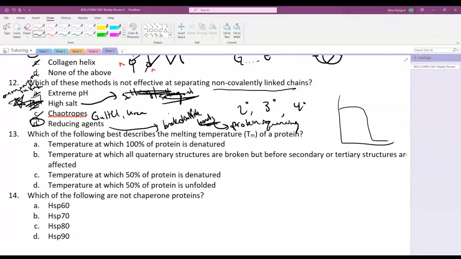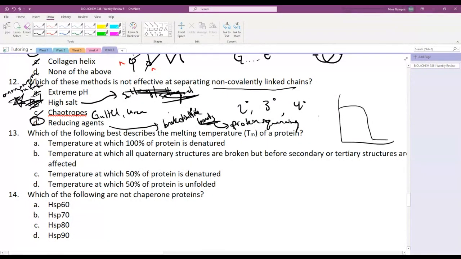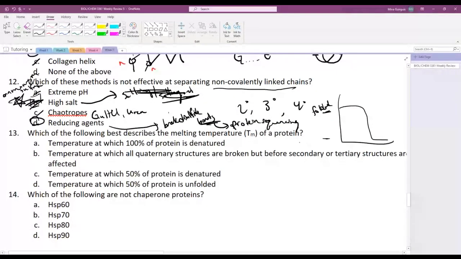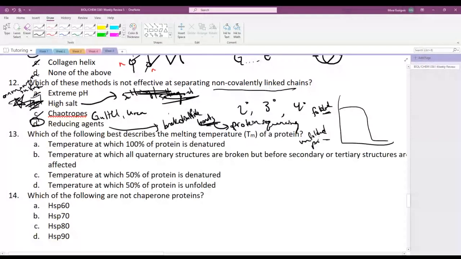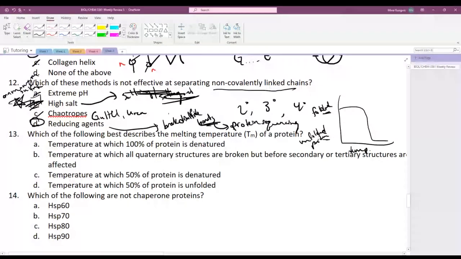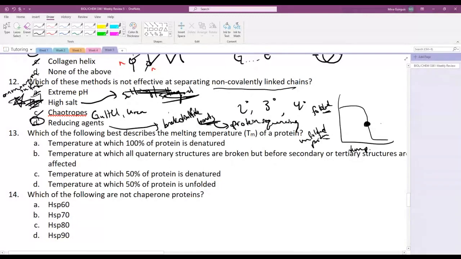But basically what we see here is folded protein and unfolded protein, and temperature. So Tm, or the melting temperature, is right here, okay? So based on that, which do you think is the right answer? A, B, C, or D? Or rather, which of these are definitely wrong if you're not sure?